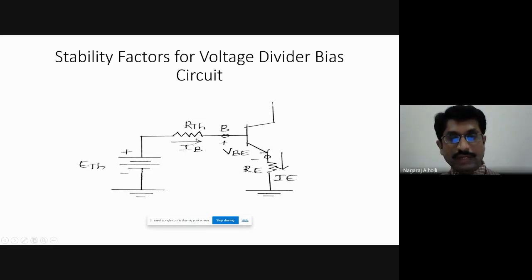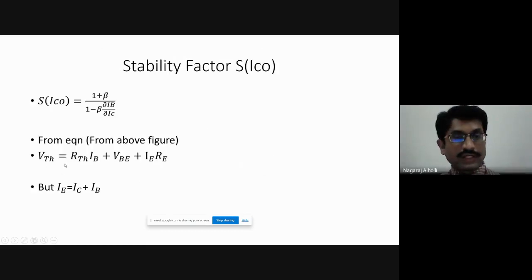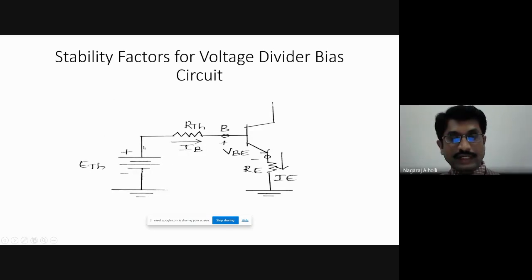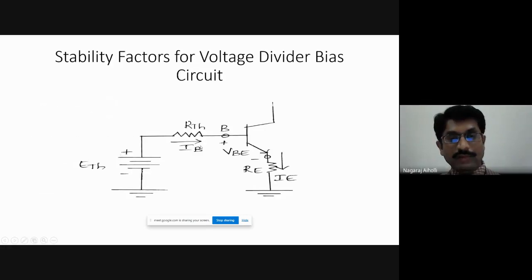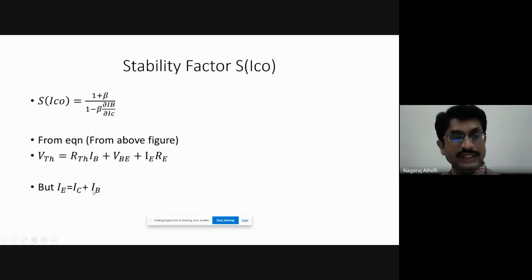ETH minus IB RTH minus VBE minus IE RE is equal to 0, or ETH is equal to IB RTH plus VBE plus IE RE. Now we know that IE is IB plus IC.